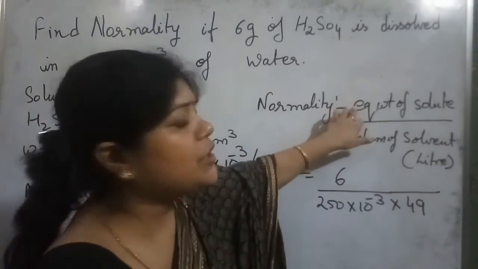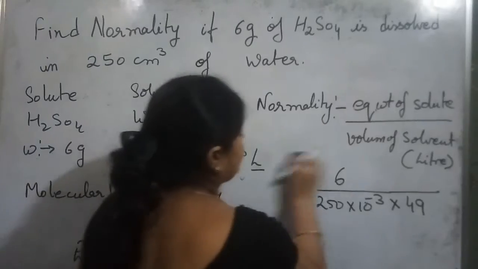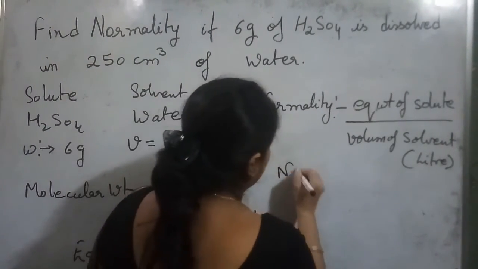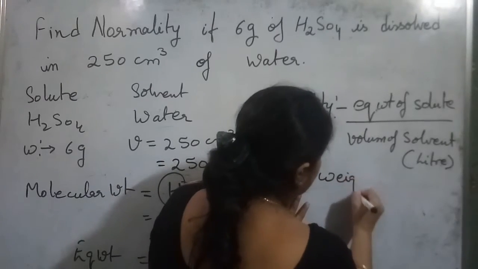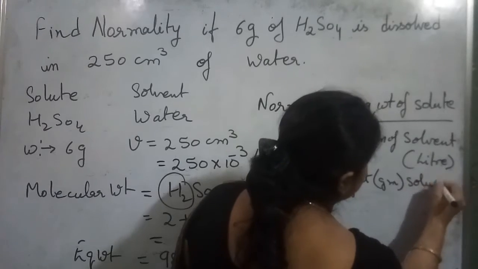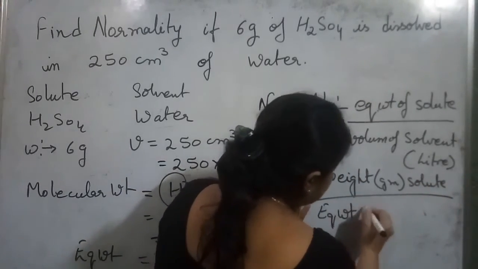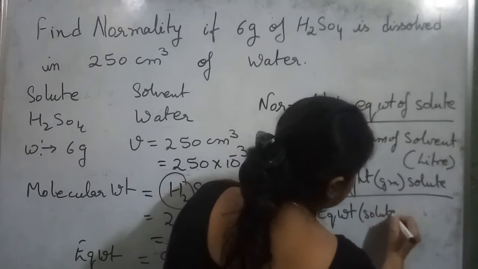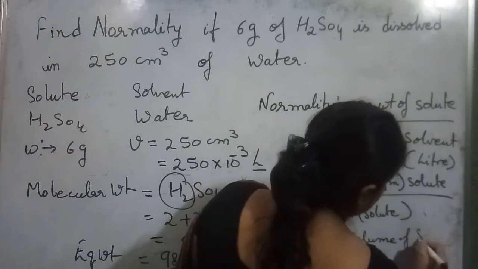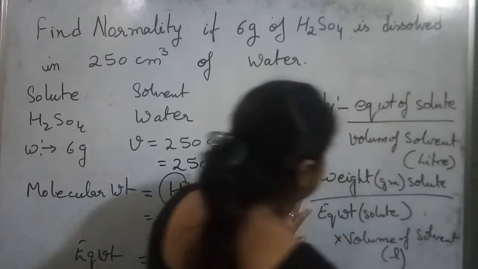The real formula to find the normality is weight in gram of solute divided by equivalent weight of solute into volume of solvent, where the volume of solvent is in liters.